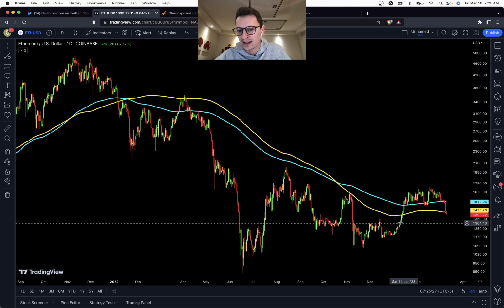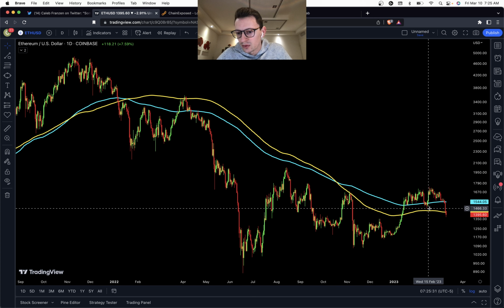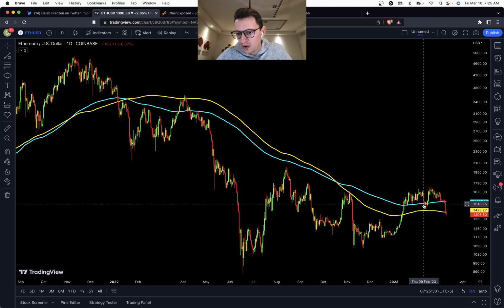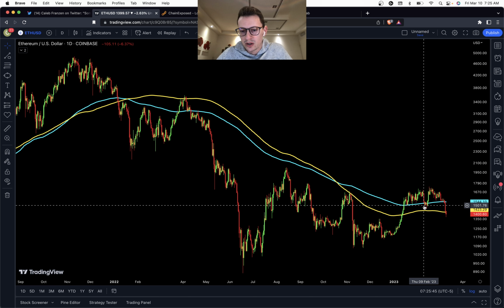And this really highlights why I'm focusing on the cloud, you guys, because look at this case right here. We fell below the exponential moving average. So if you were only focused on the exponential moving average, you would have been like, oh my God, this is so bearish, but we never fell below the simple moving average. So this dynamic cloud here is very critical.